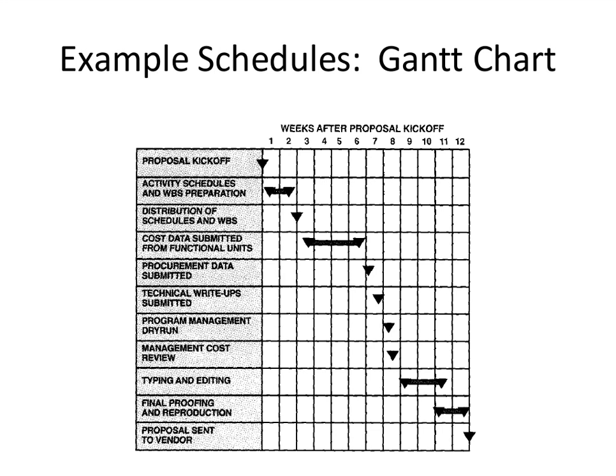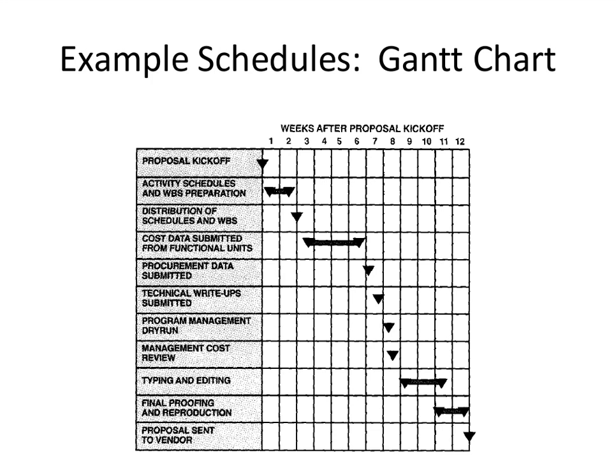Now, each task is associated with either an event, shown as a simple triangle, or a defined duration, shown as a line. So here, a line between weeks 3 and 7, or 3 and 6, for example, indicating a certain amount of time at which cost data is being submitted from functional units or what have you. So this kind of maps out a project and its progression over time, and gives you a sense of what's going first and what's going later.